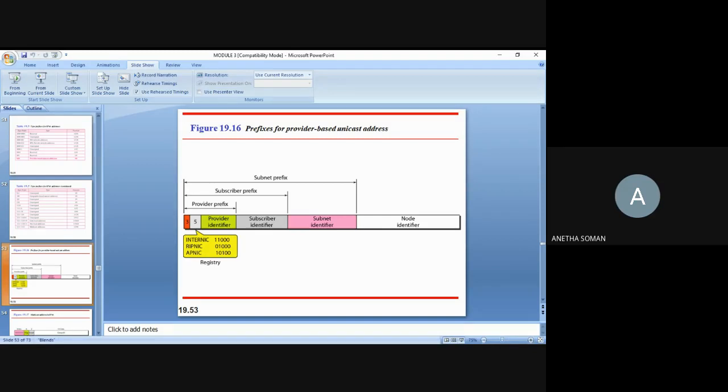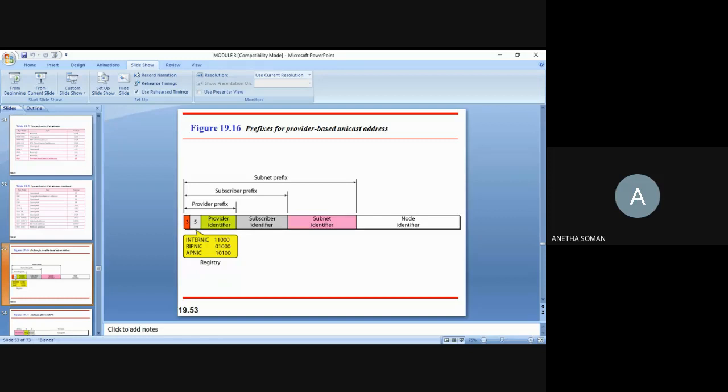Now the third field is the provider identifier. The provider identifier is of variable length, 16 bits. It identifies the provider for internet access. Who is the provider from where we are getting the internet access? That is defined in the third field.